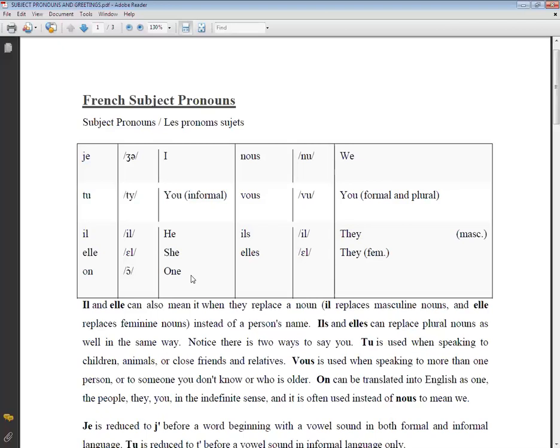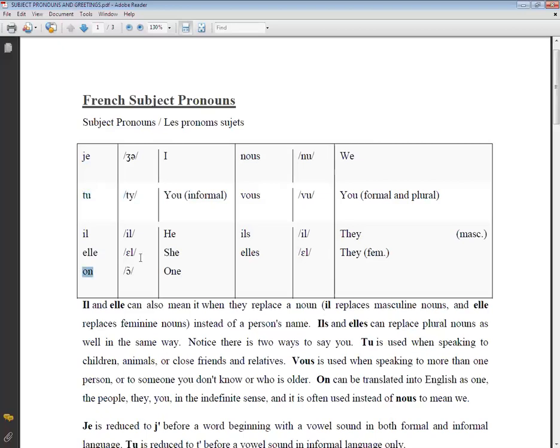We. So instead of using nous, you see where I am, nous means we, but now I can use on instead of nous to refer to you and me. I can also, instead of addressing you as tu, say on. You get that?